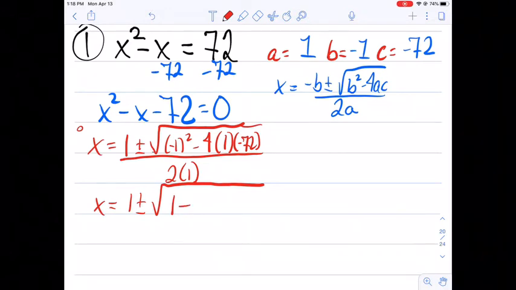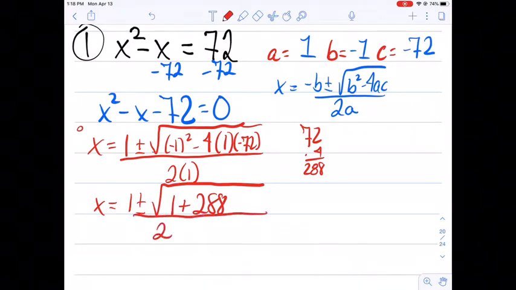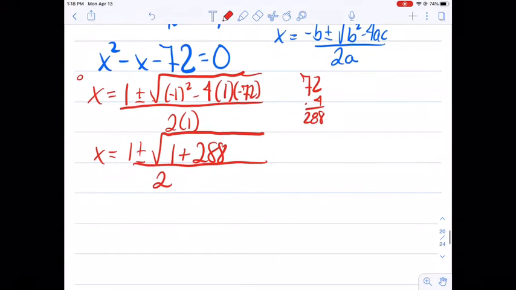And then we need to do -4 times 1, which is -4, and then -4 times -72. We'll do a little scratch work over here for that one. 72 times 4, I know the answer is going to be positive, so I get 288. So plus 288, over 2.